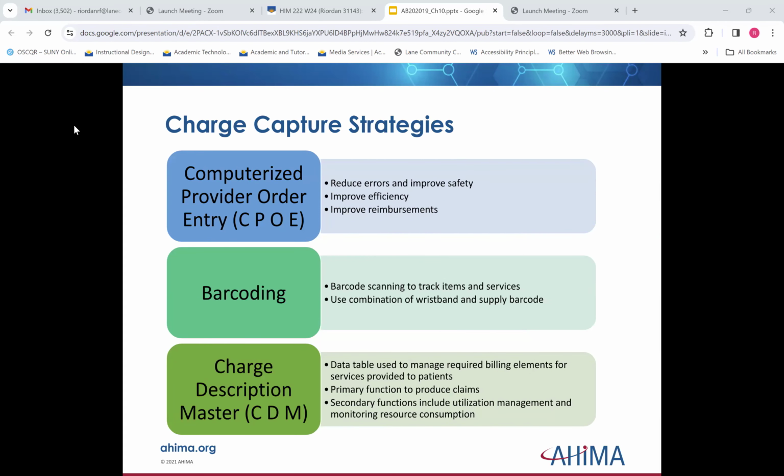One of the things that is hugely important to think about is computerized provider order entry. We've talked about this in your other courses. And basically, with the computer, we don't have to rely on people interpreting things they can barely read, as we had to do in the paper chart world, to apply code and bill it.